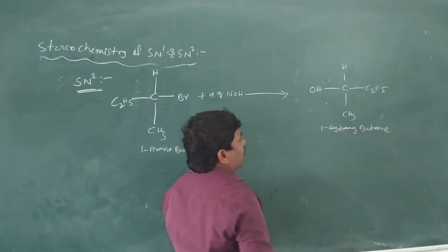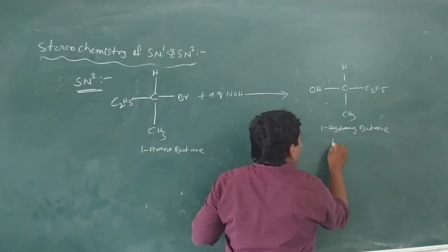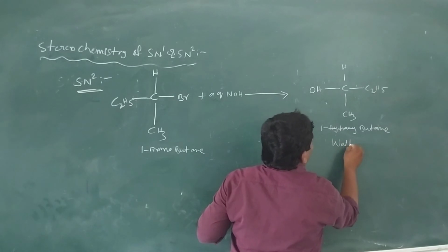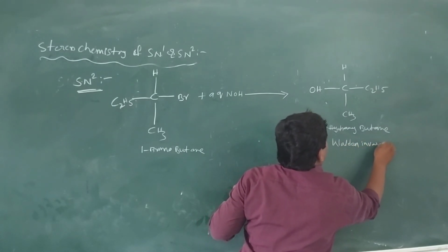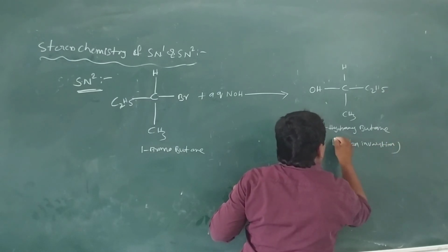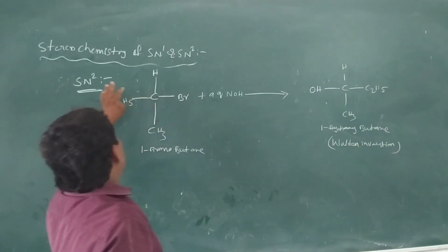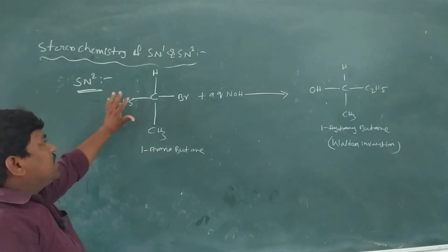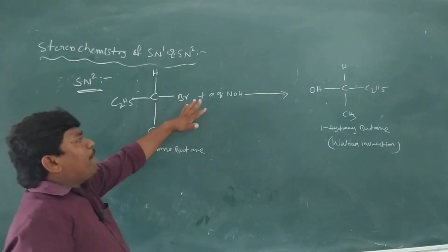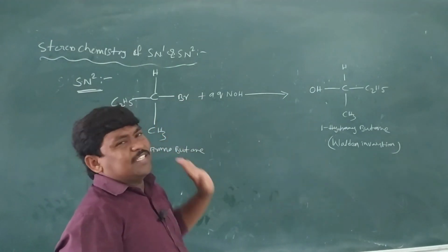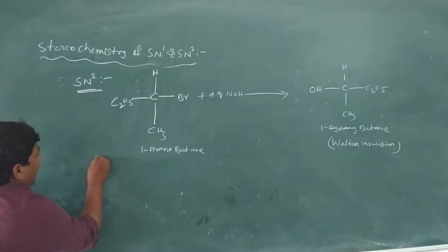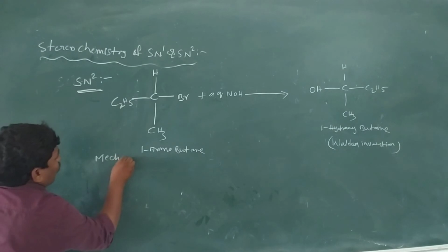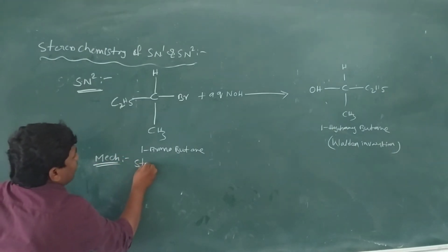So the product is a Walden inversion. This is the SN2 reaction. The mechanism involves only one step, step 1.